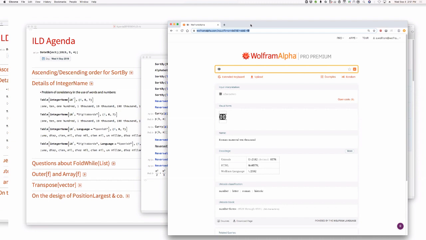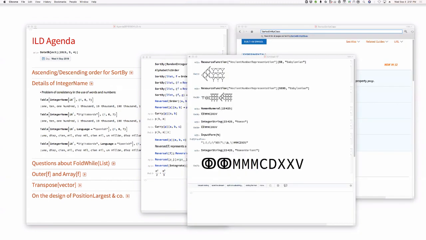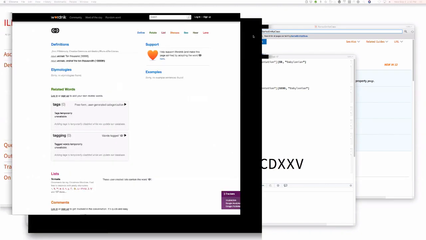What is that thing? Let me see. Can you try something even larger to see how far this goes? Yeah, this is pretty weird.